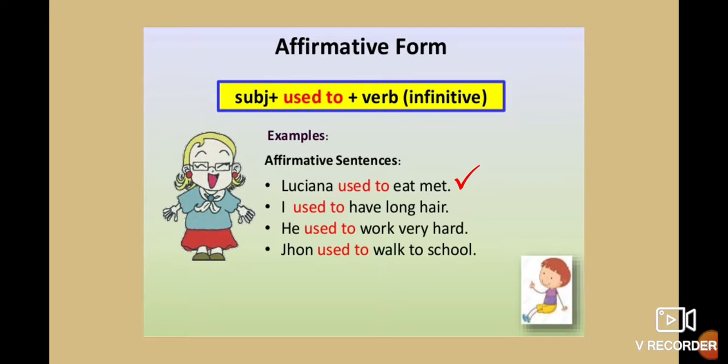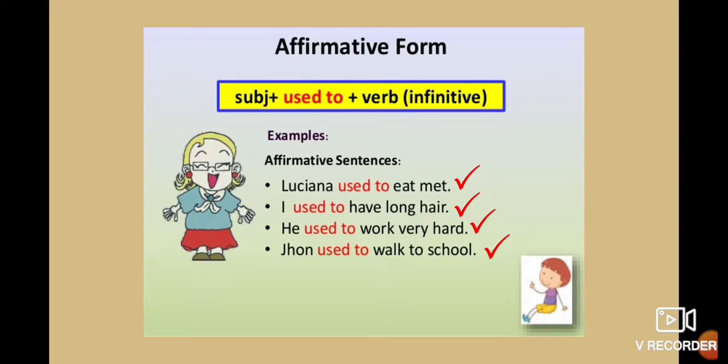Second sentence. I, the subject, used to is the expression, have is the infinitive verb. Third sentence. He is the subject, used to is the expression, work is the infinitive verb. And the last one, John is the subject, used to the expression that we study right now, and then the infinitive verb, that is walk.